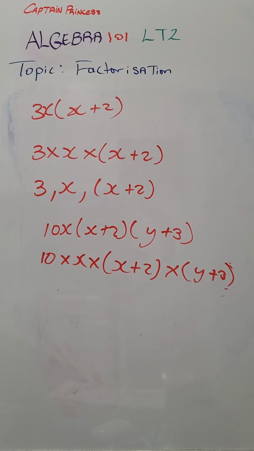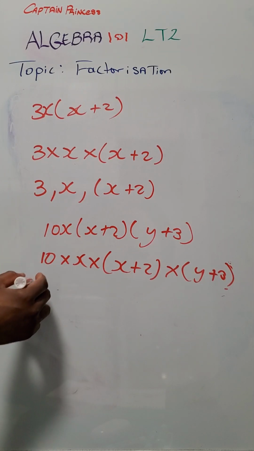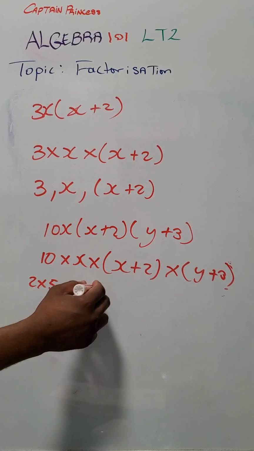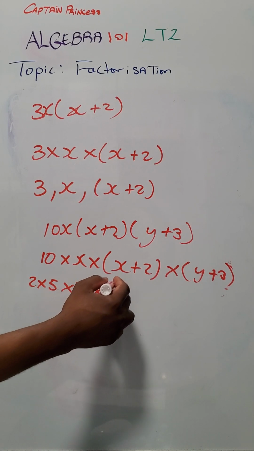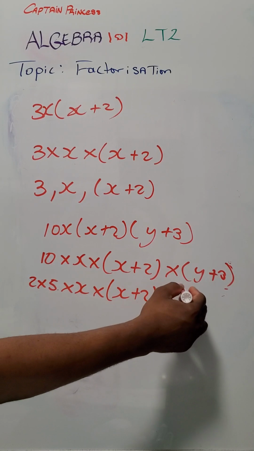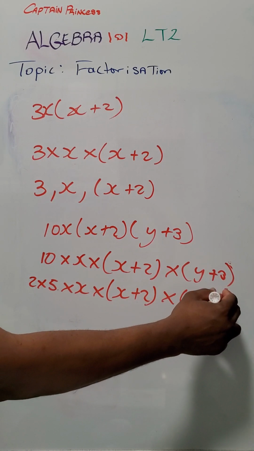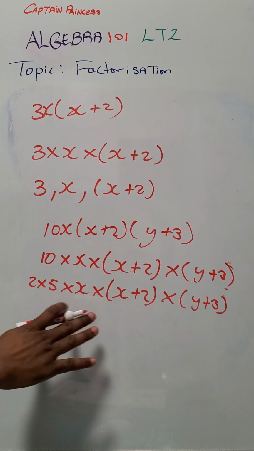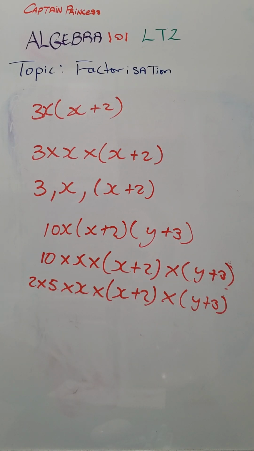So does this finish? No. This can go down a little bit more. So 2 times 5 times x times the bracket x plus 2 times the bracket y plus 3. And then all these terms would be the factors.